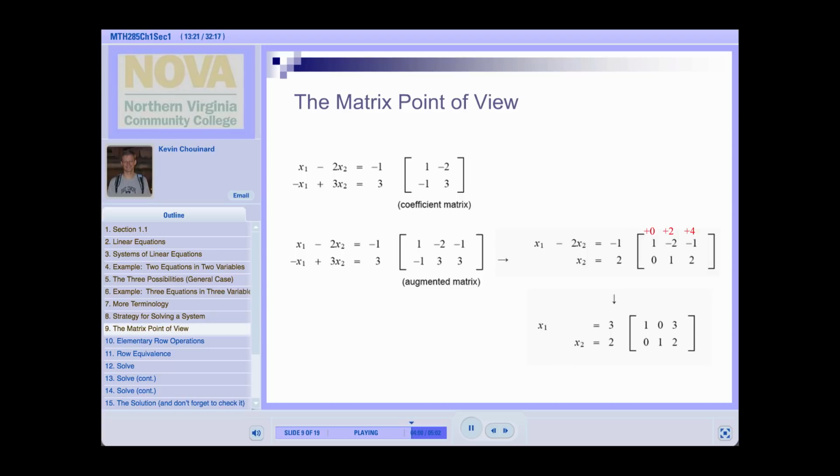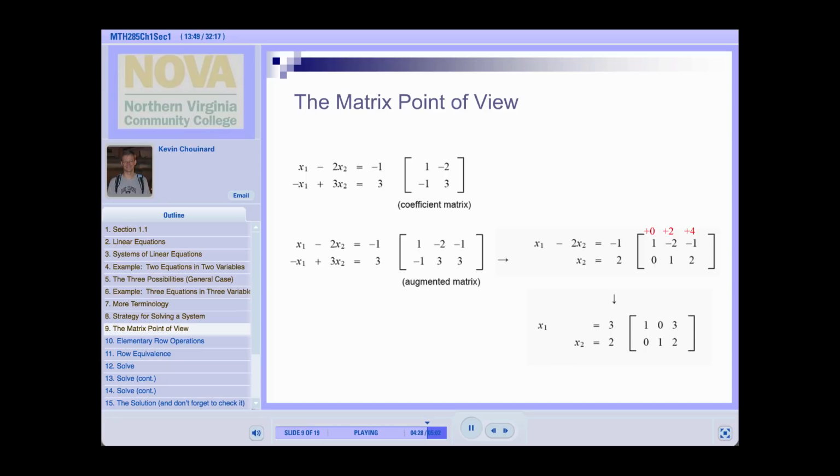But at this point, you can see that the augmented matrix 1, 0, 3, 0, 1, 2 corresponds perfectly with the solution that we had in our last slide. Because what you're saying in that augmented matrix is that you have 1 x sub 1 added to 0 x sub 2's being equal to 3.